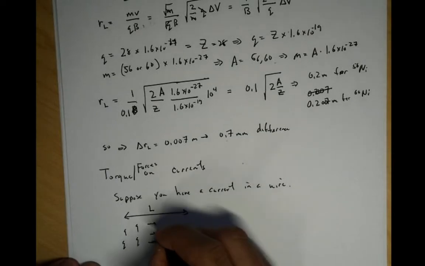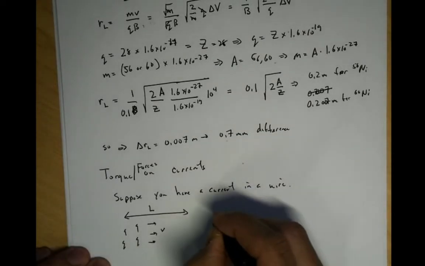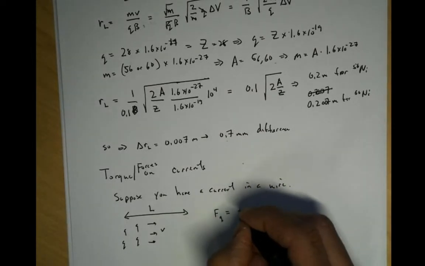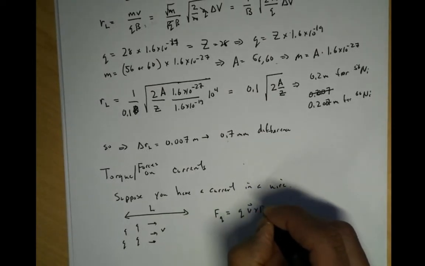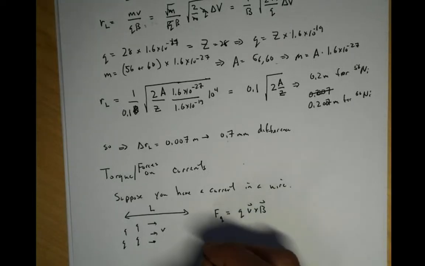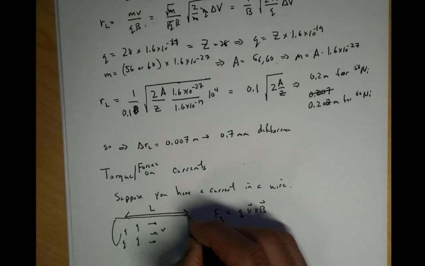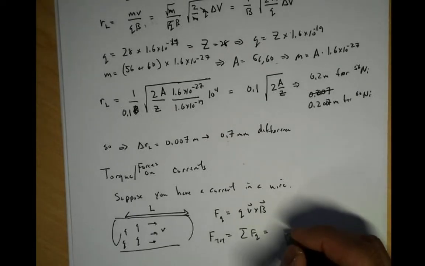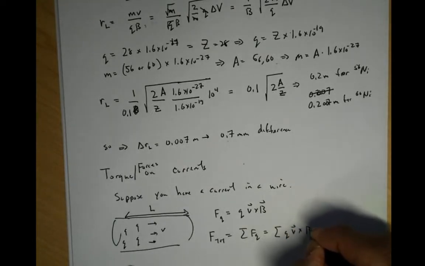The force on each charge Q is going to be Q V cross B. And the total force, if this thing was contained in a wire, is the sum over all the forces on all the charges. That's going to be the sum of Q V cross B.